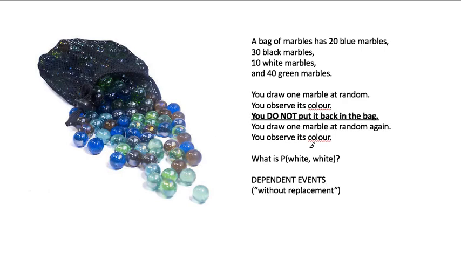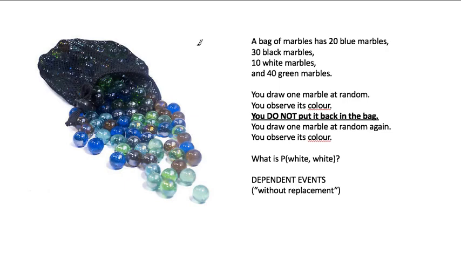And if I took a white marble out the first time, and the probability of that, as we already saw, is 1 out of 10, then I'm not putting that white marble back in. So instead of the next step being 1 out of 10, it would actually be 9 out of 99. Now, I'll explain why that is. We'll do the example in more depth in a second. But just so you understand, if you're not putting the marble back in the bag, then the second step of the experiment is affected by whatever marble you didn't put back in there, right?